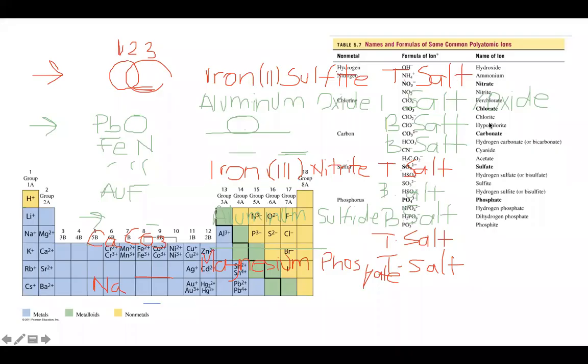Okay, here we have bicarbonate, hydrogen carbonate or bicarbonate. Okay, here we have the symbol, and it is HCO3 and it has a charge of -1. Okay, so this is what we are going to use to write the formula.